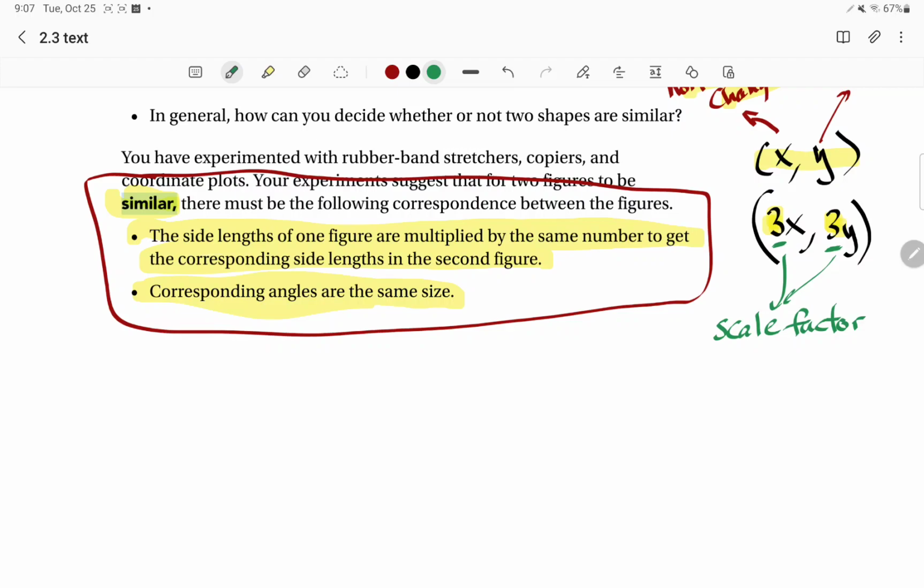Again, if the scale factor is bigger than 1, then the figure gets larger. If the scale factor is less than 1 but greater than 0, then it gets smaller. It has to be greater than 0 because we're not worrying about negatives right now. Okay, so that's your scale factor.